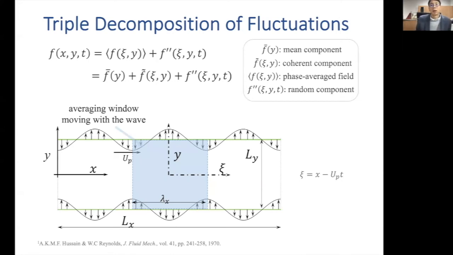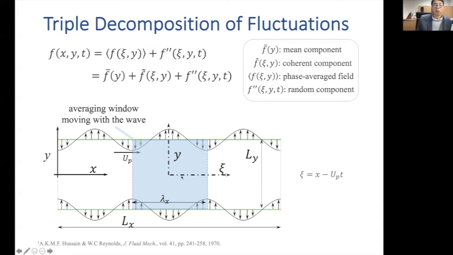In order to analyze more, we decompose the instantaneous velocity field into three components. The first one is a mean component, which is a mean in the x and z horizontal directions and also time. So this mean field is only a function of y, which is the wall-normal direction. And then we apply the traveling wave, so that we average in this window, which corresponds to one period of our traveling wave.